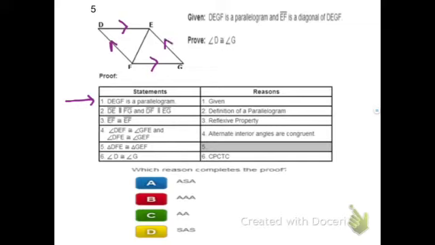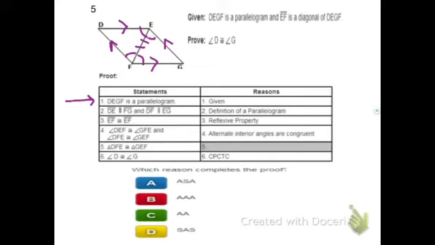I know that EF is congruent to EF, so let's mark that side congruent. I know angle DEF is going to be congruent to angle GEF. And I know angle DFE is going to be congruent to FEG.